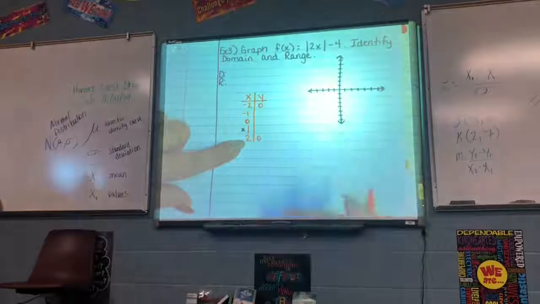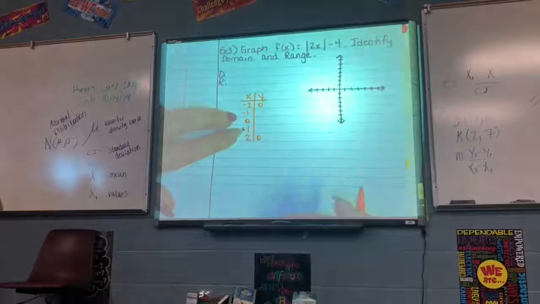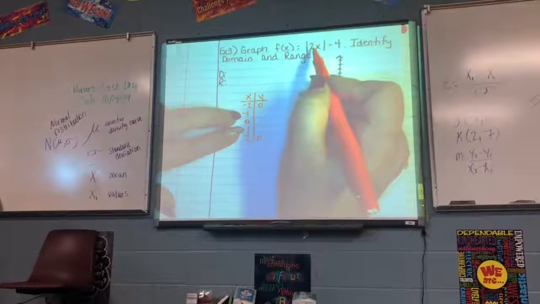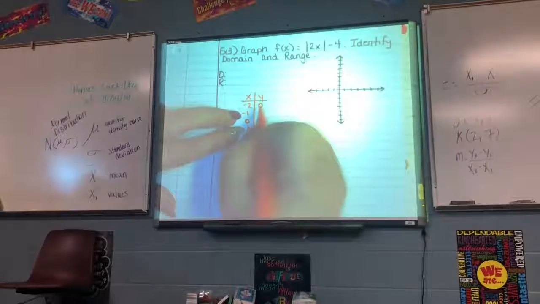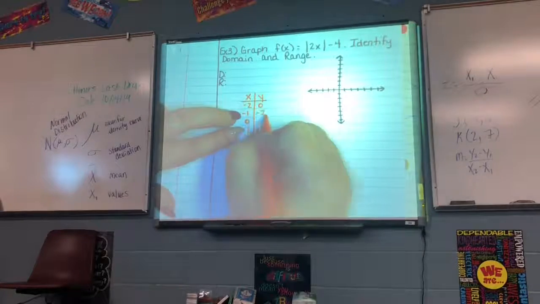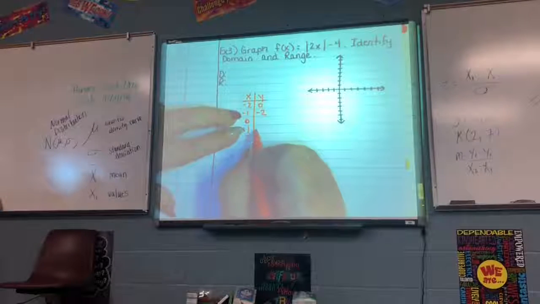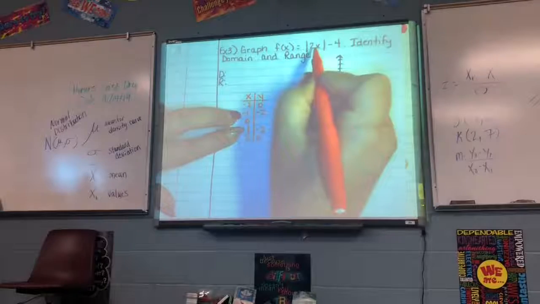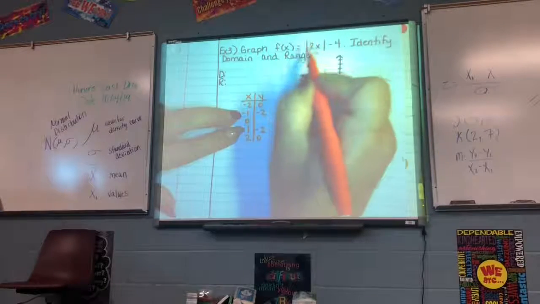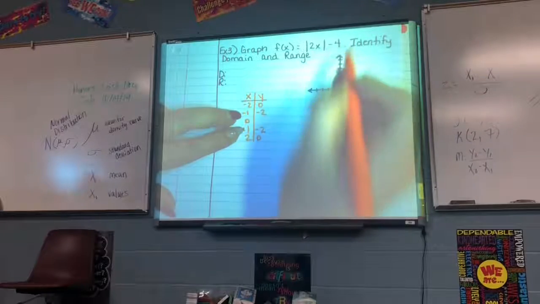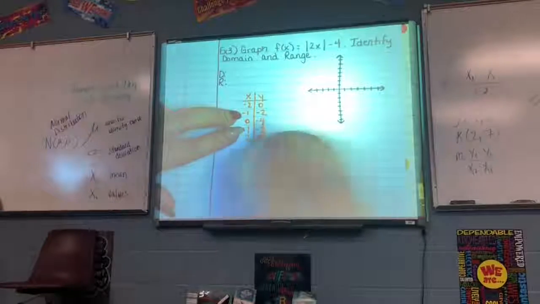So it looks like I might be in the right spot. -1 gives me -1 times 2 is -2, minus 4 is -6, and the absolute value is 6. And +1, does it result in the same? Yes. And then 0 gives me 2 times 0 is 0, minus 4 is -4.